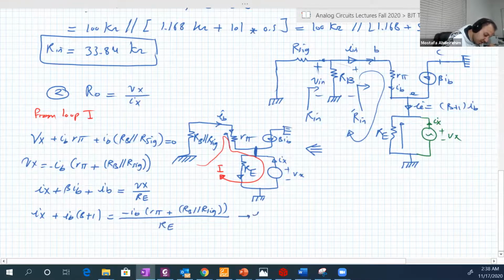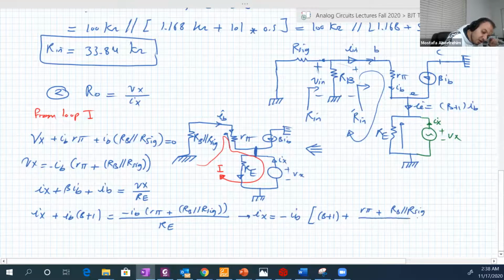So from this, Ix equal to minus IB. Let's take minus IB as a common factor. So this will lead us to beta plus 1 plus R pi plus RB parallel R signal over RE.